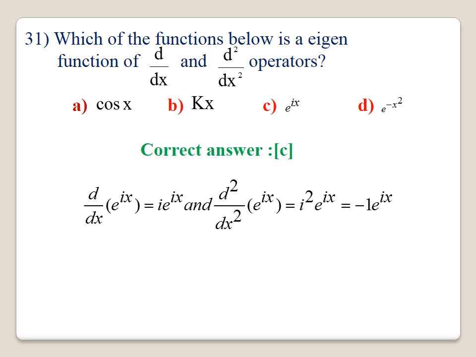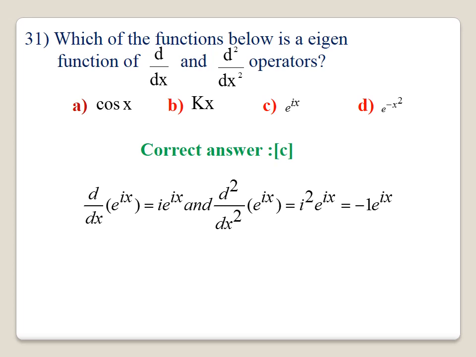First take d by dx of e power ikx, which will be equal to ik into e power ikx, the same function. The operator d by dx operates on e power ikx and gives the same function multiplied by a constant ik. Therefore, e power ikx is an eigenfunction of d by dx.